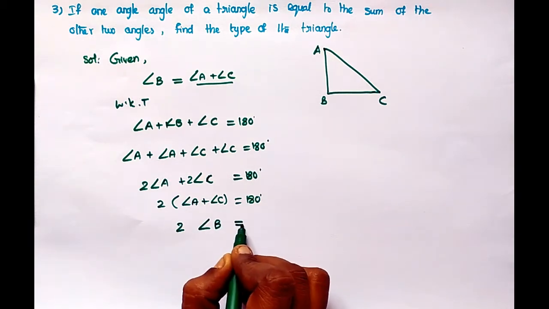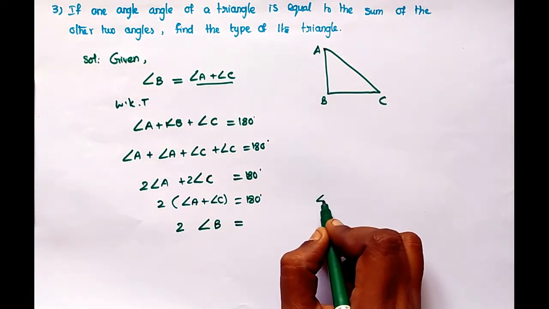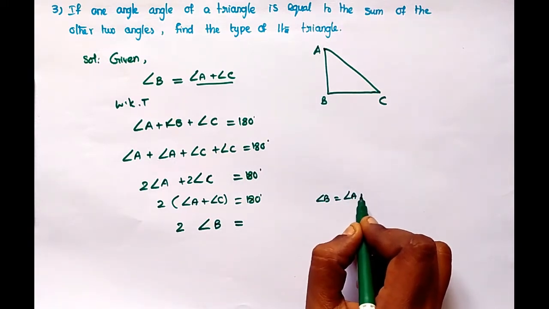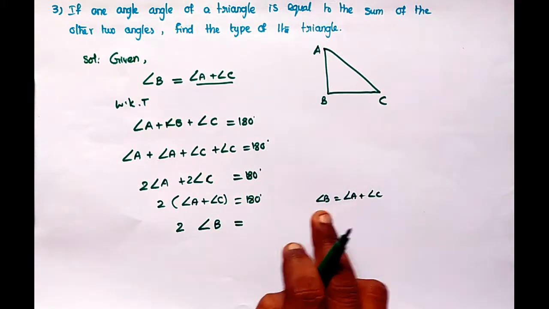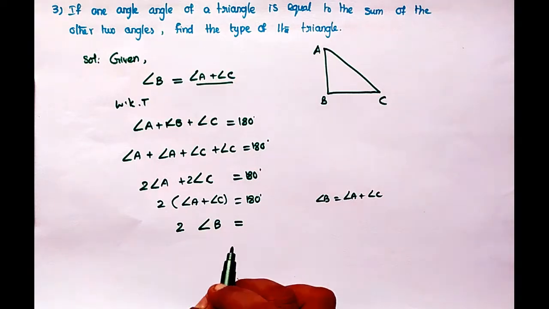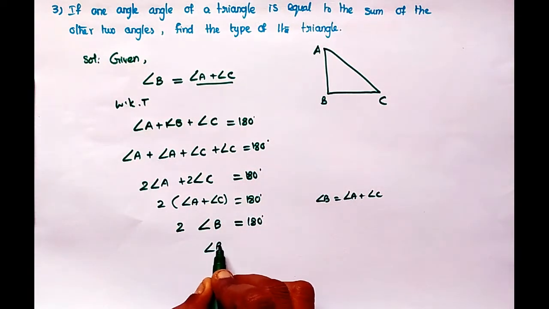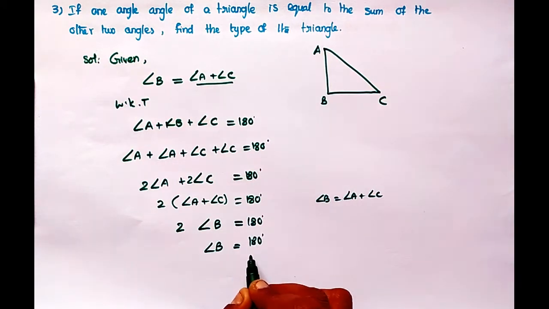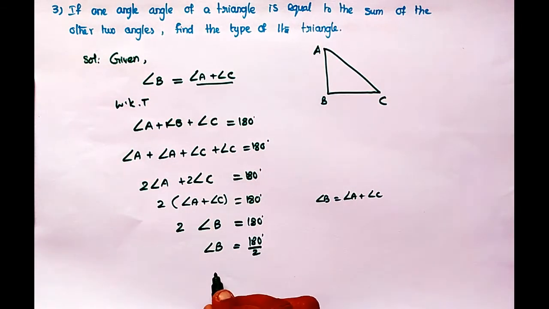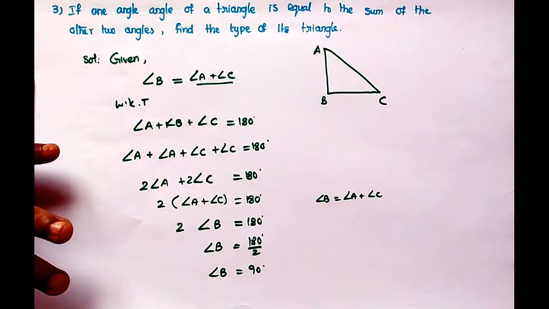Angle B. So angle B equals angle A plus angle C. So we substitute that: 2 angle B equals 180 degrees. Angle B equals 180 degrees divided by 2. So angle B equals 90 degrees.